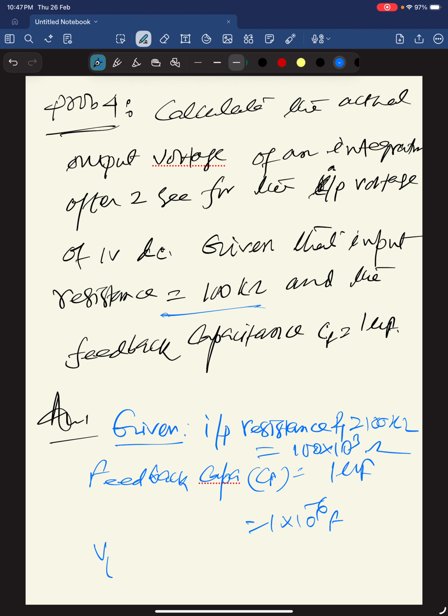Input voltage Vi is equal to how much? 1 volt, and time is equal to 2 seconds given. These are given parameters.